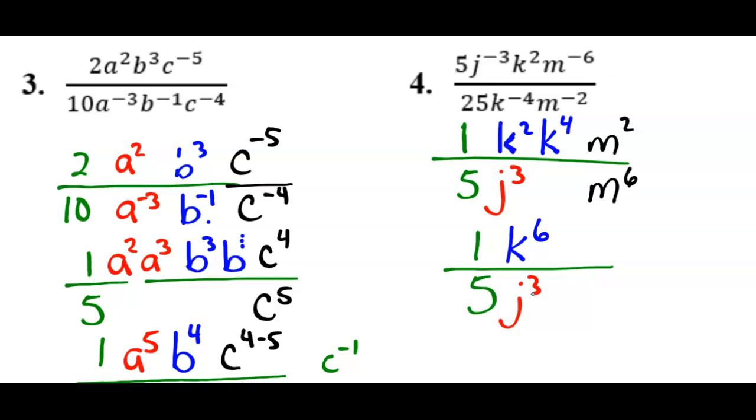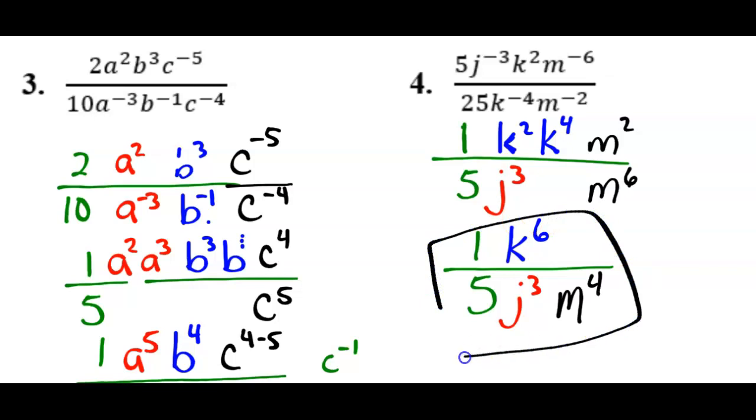Remember what I said in part 1? My bigger number's down here. 2 minus 6 is going to be negative 4. So my m's are going to end up on the bottom. And it's going to be positive. And that's my answer. We're all done. God bless.